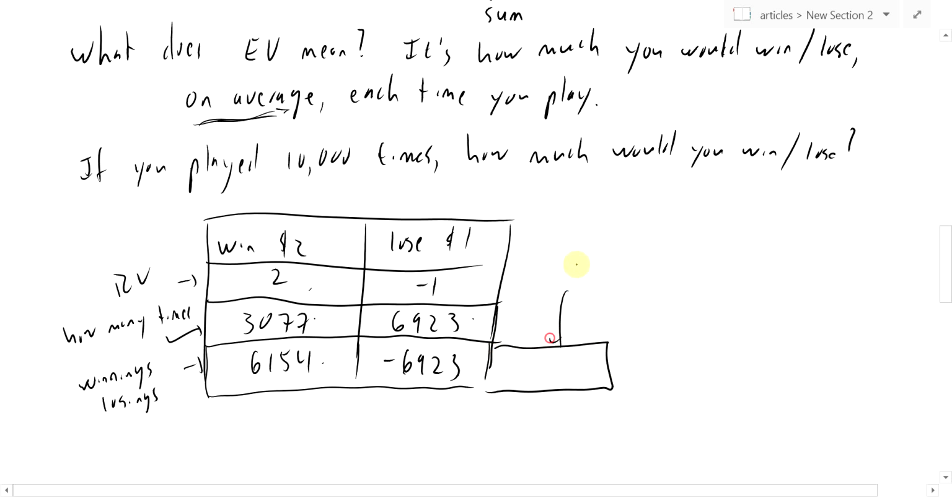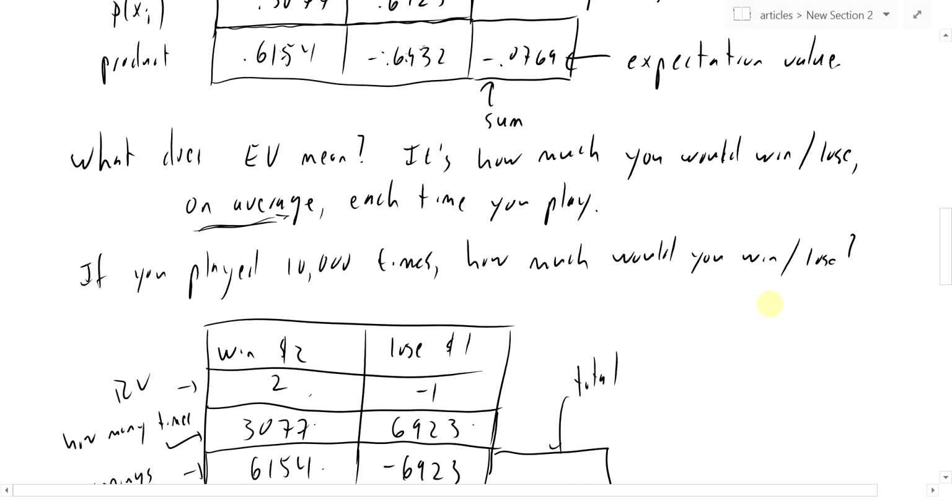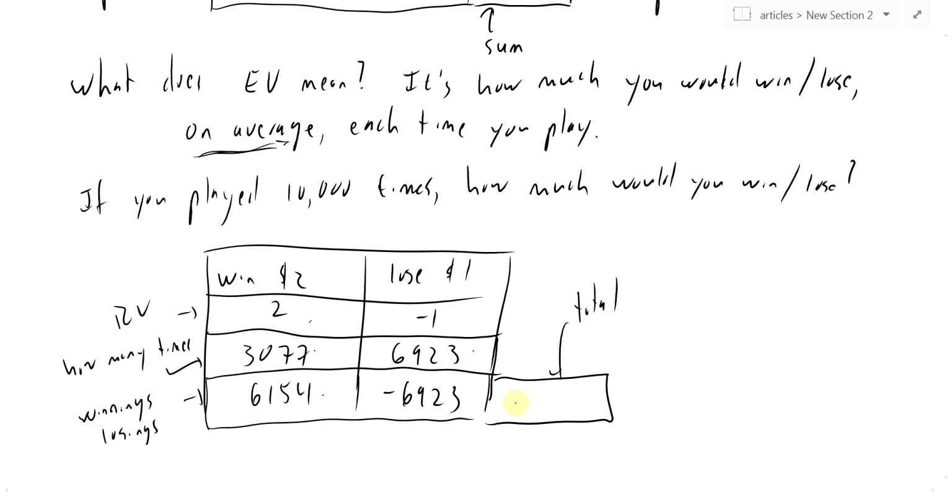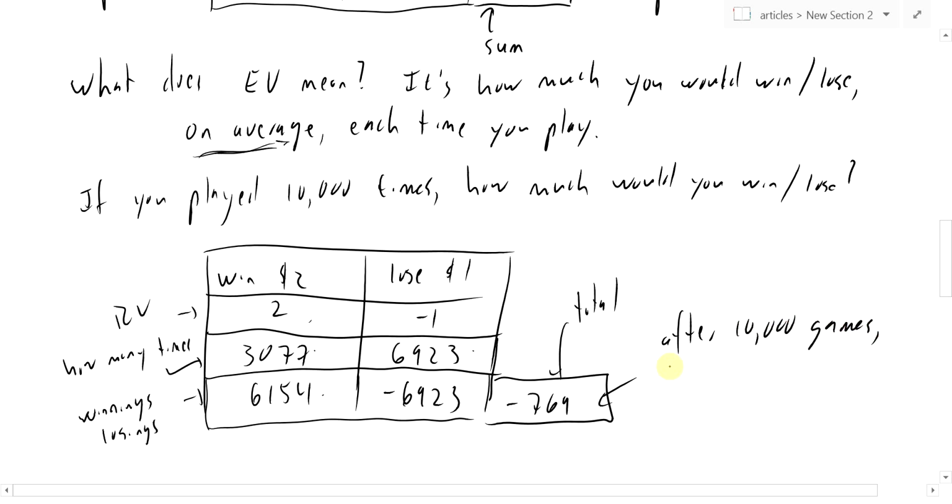So what's your total? Minus 769. After 10,000 games, you are down $769. You've lost $769.